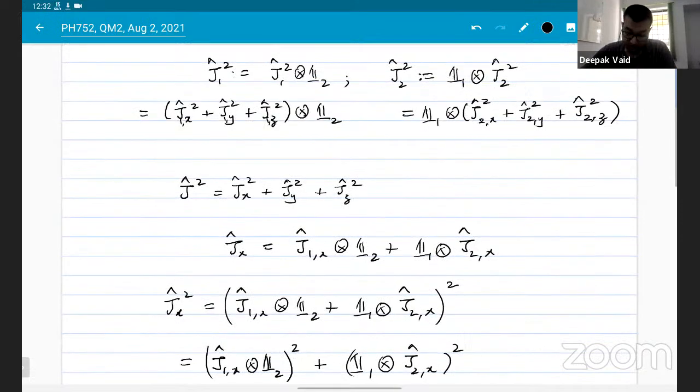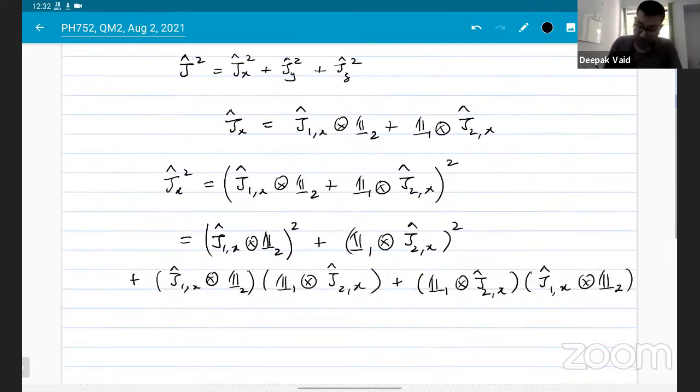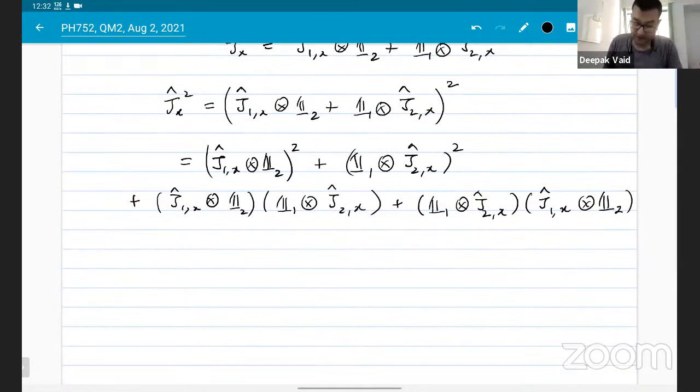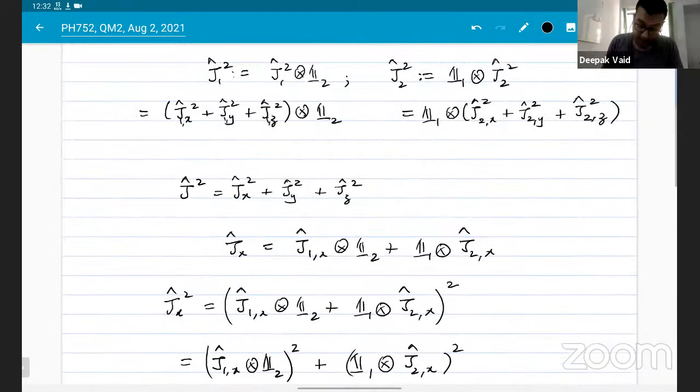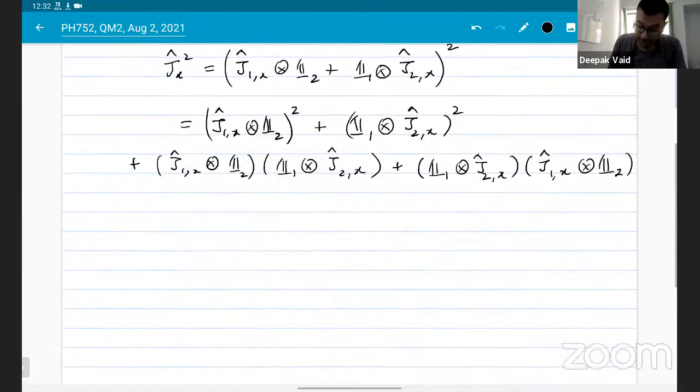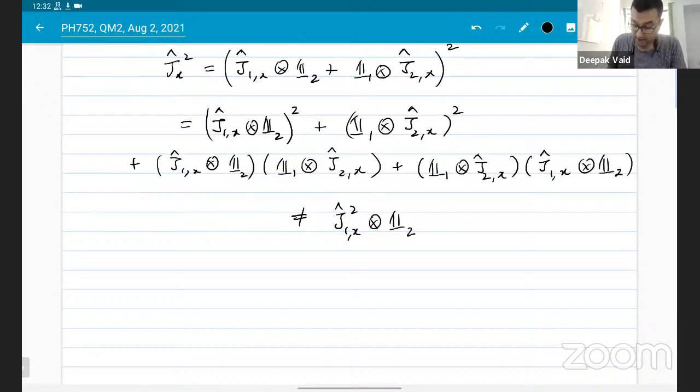Now, this composite Jx squared is not the same as J1x squared I2 plus I1 J2x squared, right?